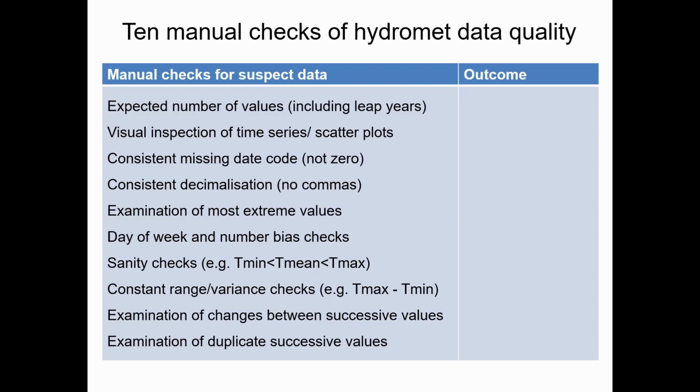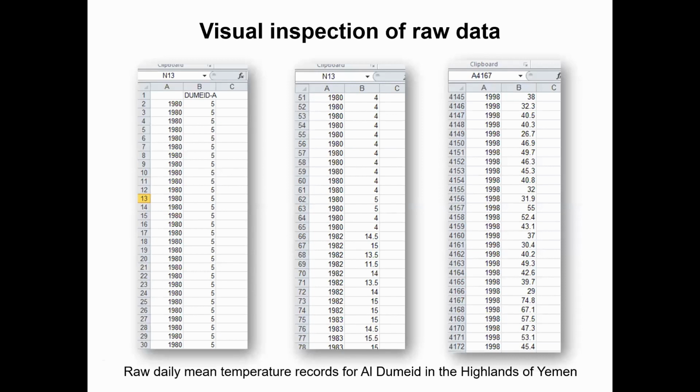Now let's just look at some examples of how this plays out. So if we look at these example data, on the left hand side, in the column, all the values are 5. And this is for a temperature record. So you would ask yourself, is it reasonable for the temperature record to be the same value day after day after day?